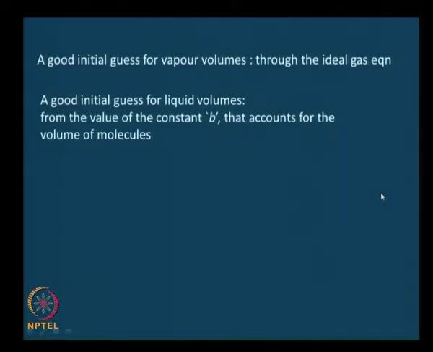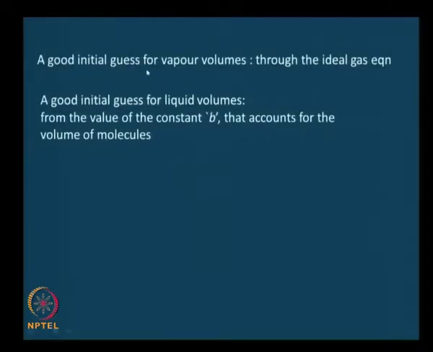And a good initial guess for liquid volumes may not be that obvious right now, but consider the constant B that appears in the van der Waals equation. For example, van der Waals we are familiar with, there is a V minus B that comes in there. That B essentially accounts for the volume of molecules in the gas, and we are subtracting that to get it to the form that was suitable for that equation of state.